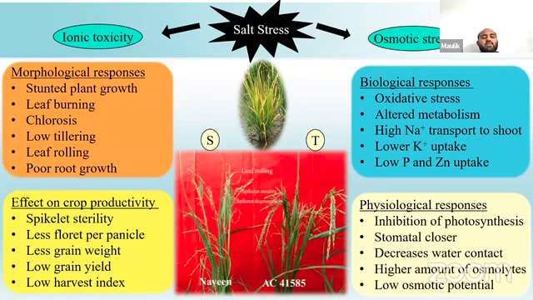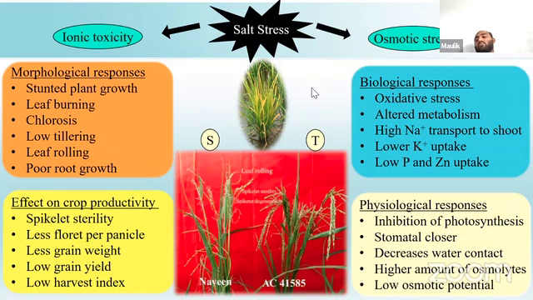Morphological responses are stunted plant growth, leaf burning, chlorosis, low tillering, leaf rolling, and poor crop growth. The effects on crop productivity are spikelet sterility, fewer florets per panicle, less grain weight, low grain yield, and low harvest index. Biological responses mean oxidative stress, altered metabolism, and high sodium transport to shoot.